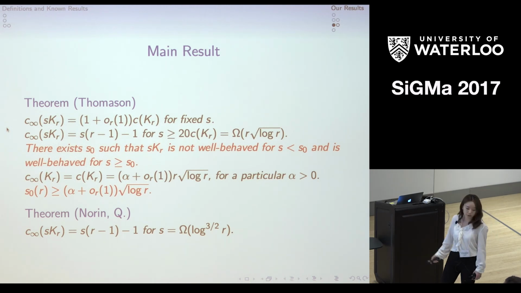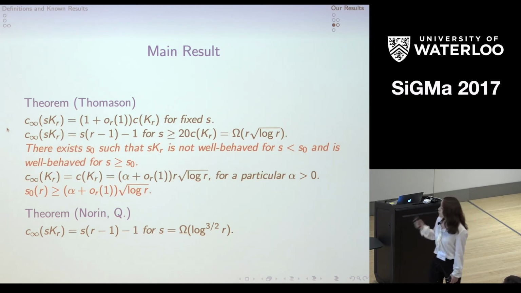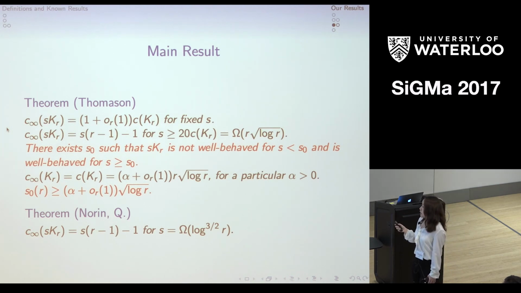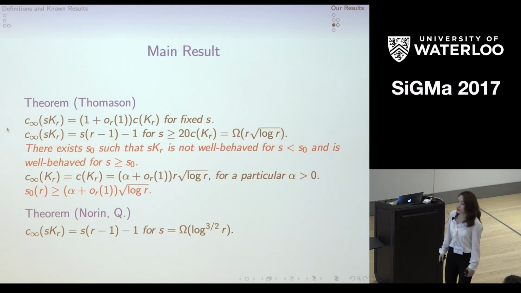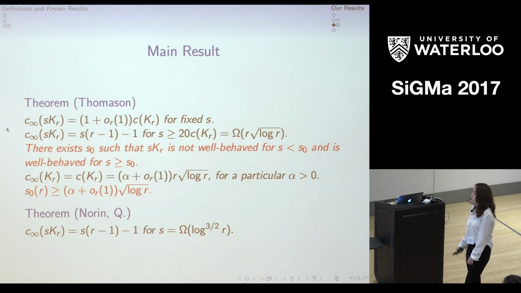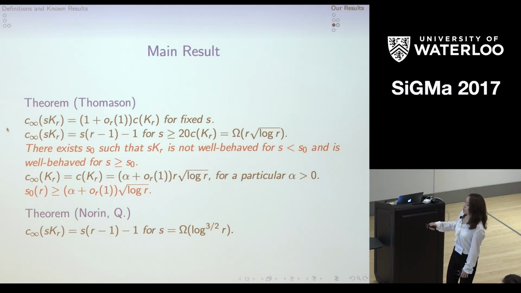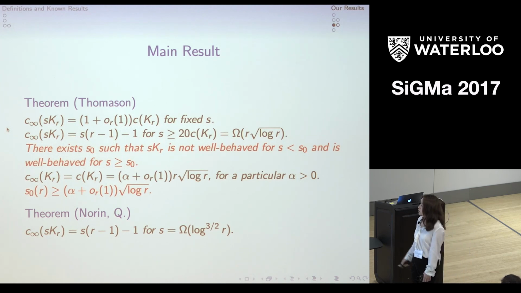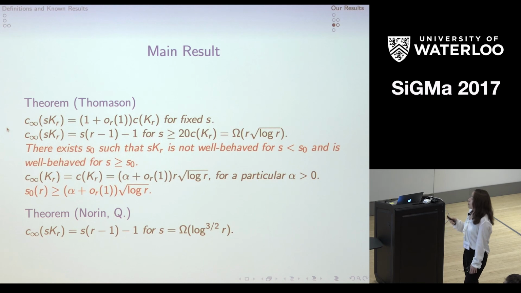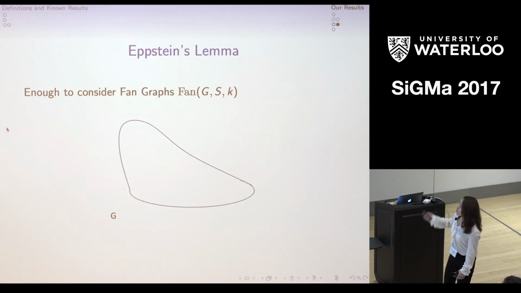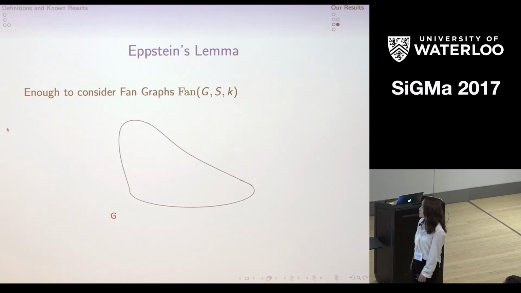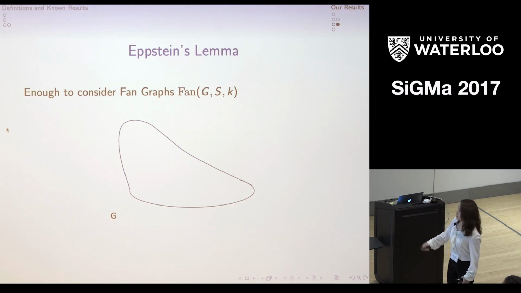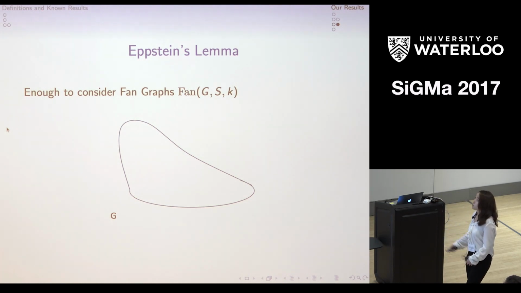And to prove this, we used different techniques, including the probabilistic method and also a structural tool from one of the results of David Eppstein, which was also used to prove the other two theorems. I'll just give a small idea of how we use Eppstein's lemma. Basically, it says that it is enough to consider fan graphs. And what is a fan graph?